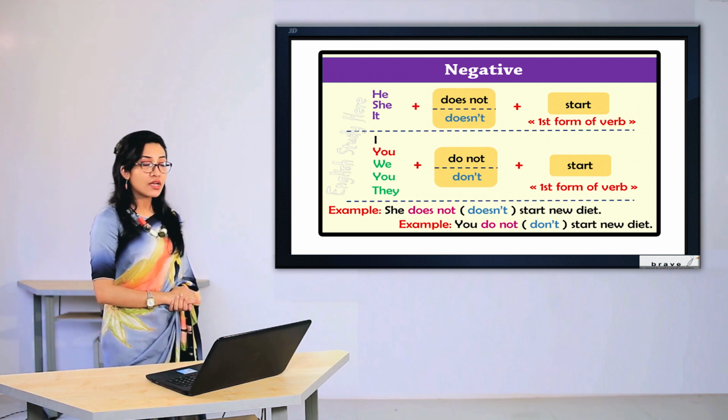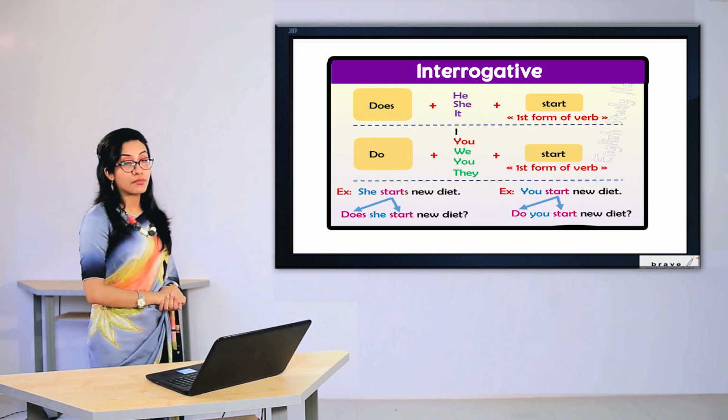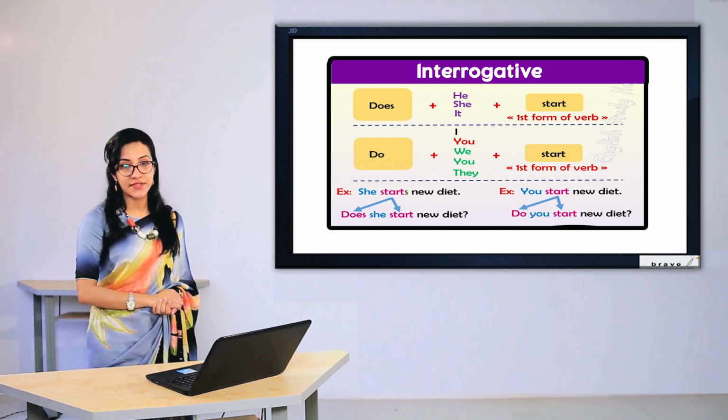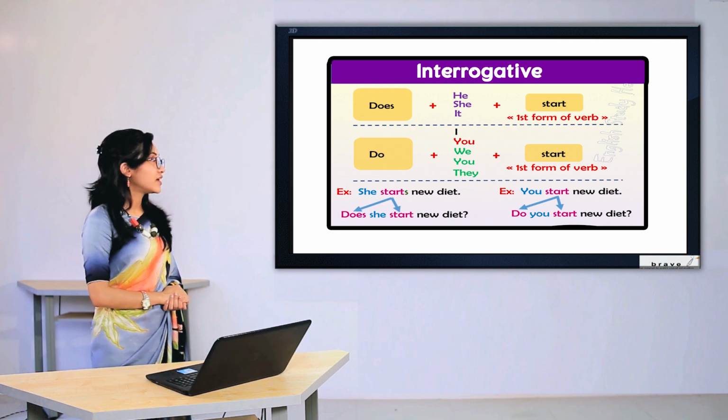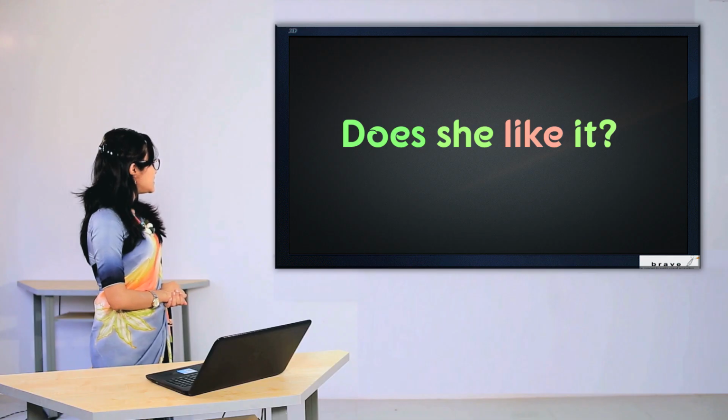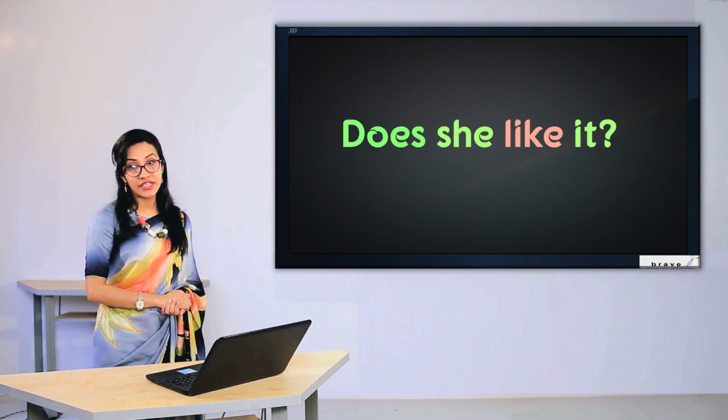Now let's look at the question form or interrogative sentences that are used in simple present tense. In this case, if you have third person singular number as the subject of the sentence, then we are going to put does at the beginning. For example, does she like it?